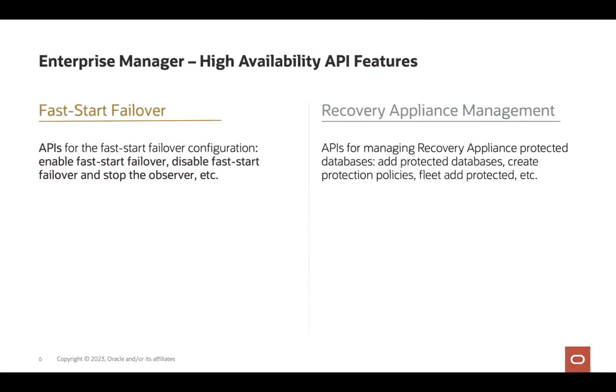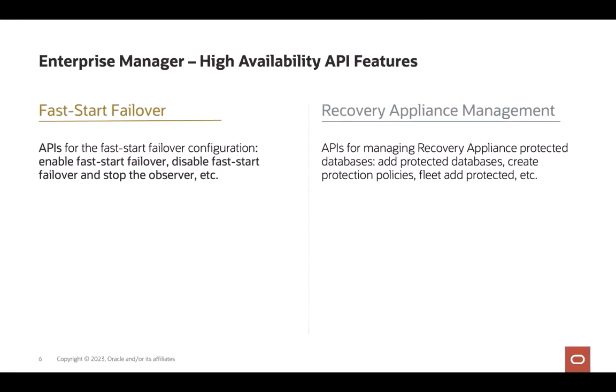Additionally, we want to highlight some high availability APIs, fast start failover APIs, and recovery appliance management APIs. In general, fast start failover allows a broker, which is a Data Guard management utility, to automatically fail over to a previously chosen standby database in the event of loss of the primary database.